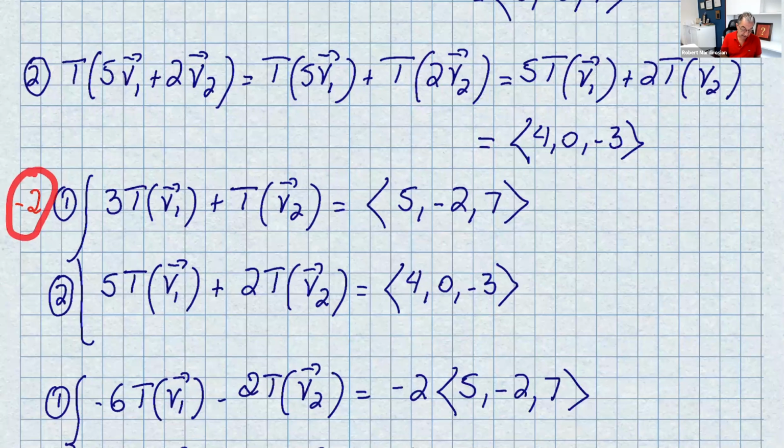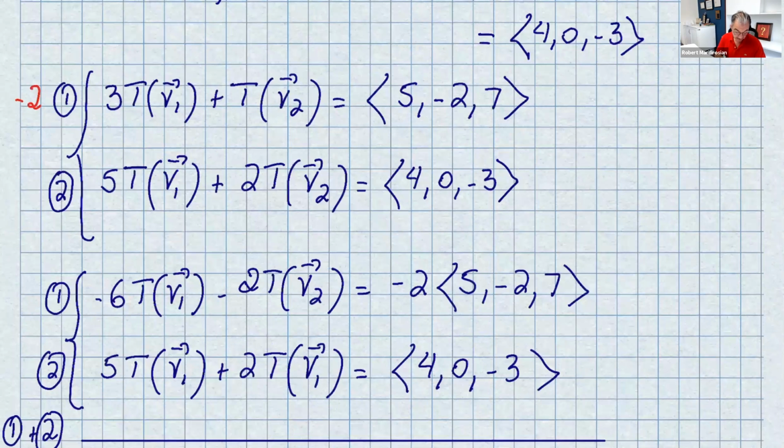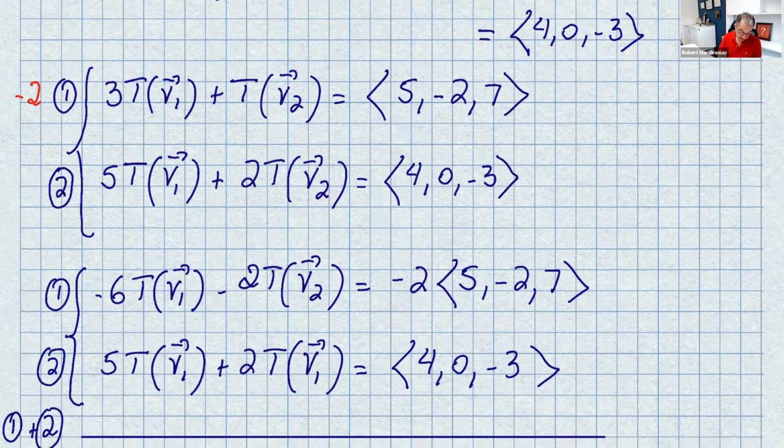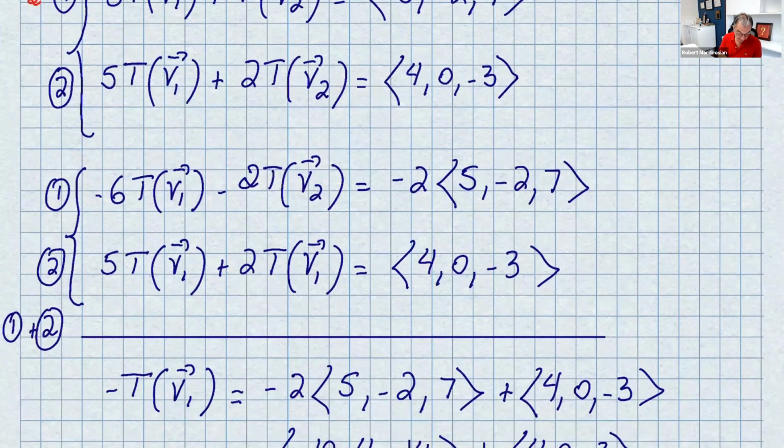You can multiply number 1 by -2 to eliminate T of v2. So I wrote it here. Number 1 becomes -6 T of v1 minus 2 T of v2, and don't forget to multiply the right side by -2 also. And number 2 is 5 T of v1 plus 2 T of v2 is (4, 0, -3).